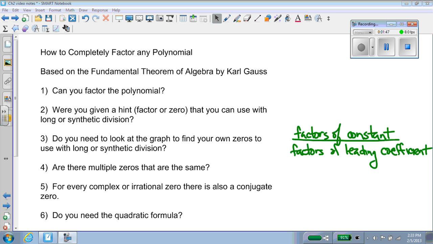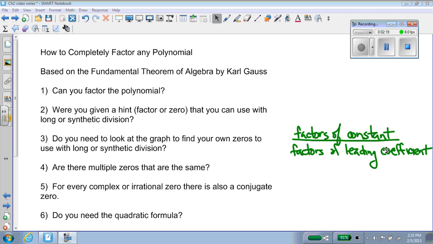Do you need to find your own hint by looking at the graph and seeing where those x-intercepts are? In the old days, we used to create our own hints using factors of the constant divided by factors of the leading coefficient, and we would create a list that was called the possible rational zero list, and then we would begin to use synthetic division or long division to try each and every one of those until something worked.